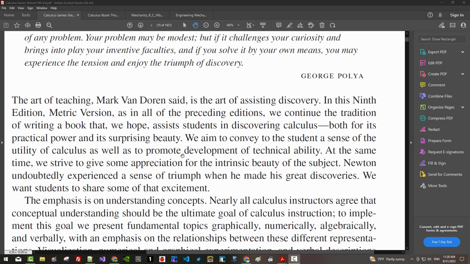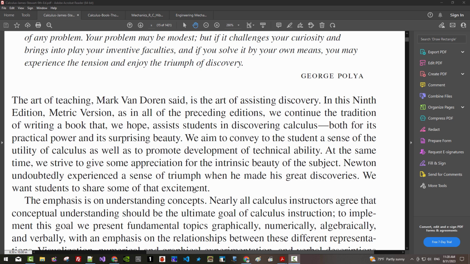At the same time, we strive to give some appreciation for the intrinsic beauty of the subject. Newton undoubtedly experienced a sense of triumph when he made his great discoveries. We want students to share some of that excitement.